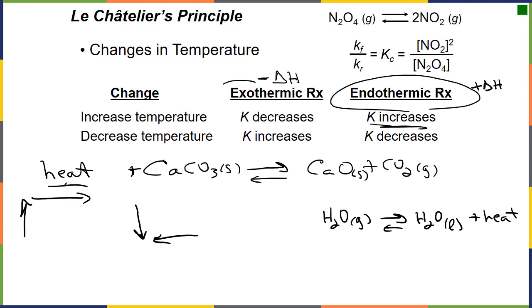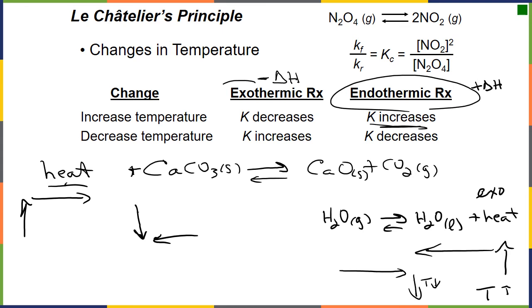So here, if my reaction is exothermic and I increase the heat, my reaction is going to go in this direction. If I decrease the heat and make this nice and cold, my reaction is going to shift towards product. So if my temperature goes down, I'm going to shift towards product. If my temperature goes up, I'm going to shift towards reactants.